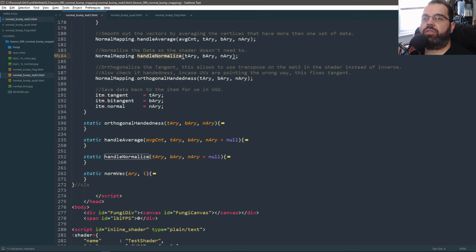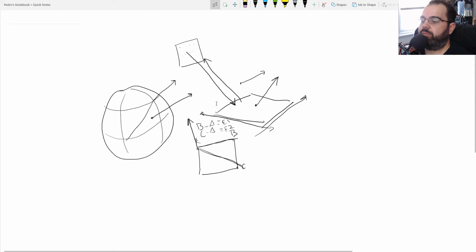And then you have your orthogonal handedness. This is a very complicated word for saying everything is 90 degrees of each other. So every direction we want to go in our x, y, z, every single angle between all 3 is 90 degrees.